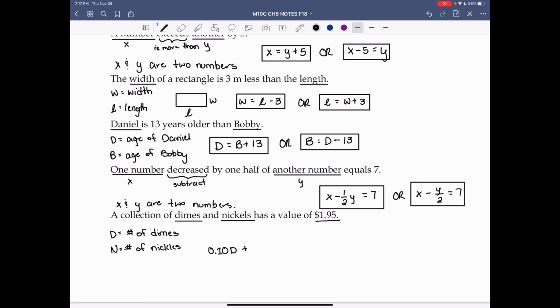Then we add the total value of nickels. Nickels are 5 cents, which in dollar form is 0.05. Multiply that by the number of nickels we have. That's going to give us the total value of all the coins, which is $1.95.